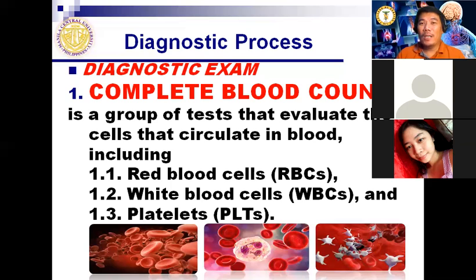This could be very helpful in the analysis of the pathophysiology, because it may identify bacterial, viral, inflammatory, parasitic, hypersensitivity, and allergic reactions. So the results may give us an idea. For example, if we have a result of decreased reference on the RBC, we are aware that it could be anemia.